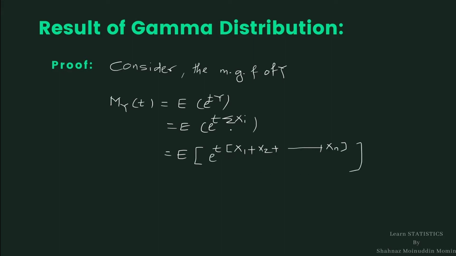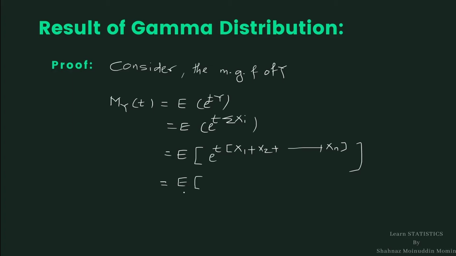I am expanding the summation of xi into x1 plus x2 up to xn in order to simplify the MGF of y. In the previous lecture, we have already considered the MGF of gamma distribution. If a student wants to learn that lecture, then click on the I button at the top right corner of the screen, and the link of that lecture is also given in the description box.